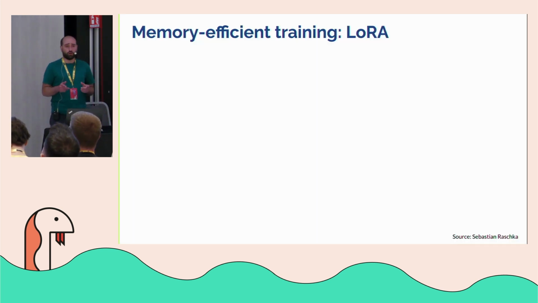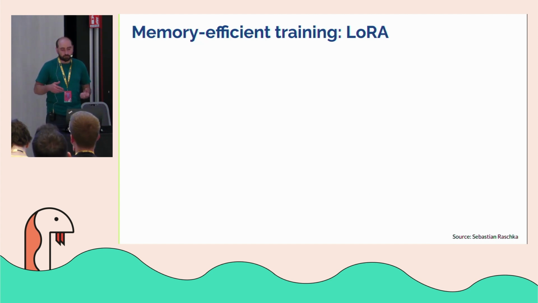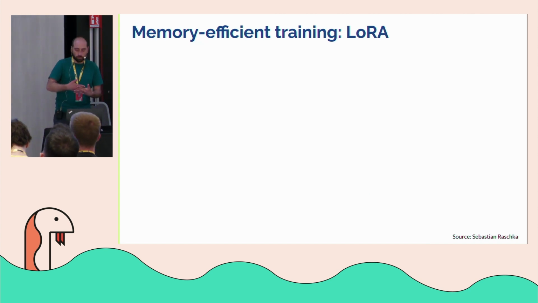You may know LoRa, low-rank adapters. Here the idea is that during training, during backpropagation, if your model is a 7 billion parameters model, the matrix of weight updates also contains 7 billion parameters. And yeah, this consumes GPU.